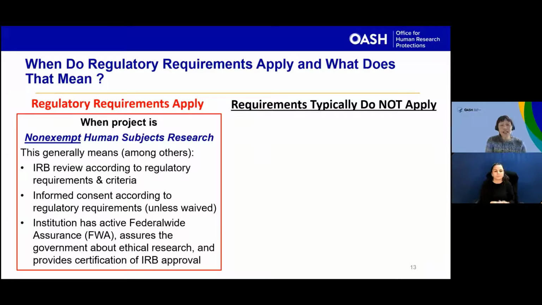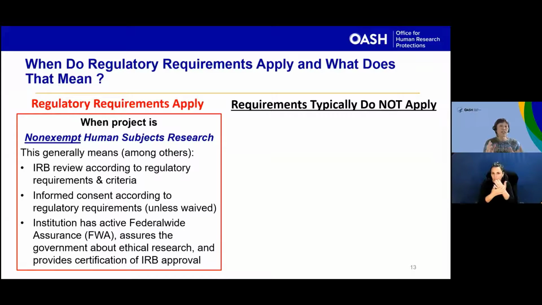So I mentioned that the regulations apply to non-exempt human subjects research, right? So what does that mean? This generally means, amongst other things, and I can't give you everything here, so these are just 3 main points. This generally means that there's a need for IRB review, and it's the formal IRB review that needs to comply, the whole setup and membership and what the IRB reviewers need to review.